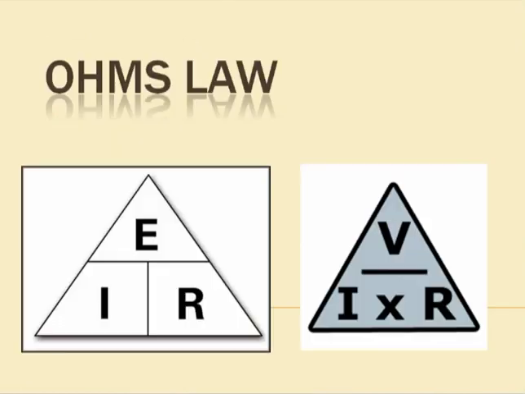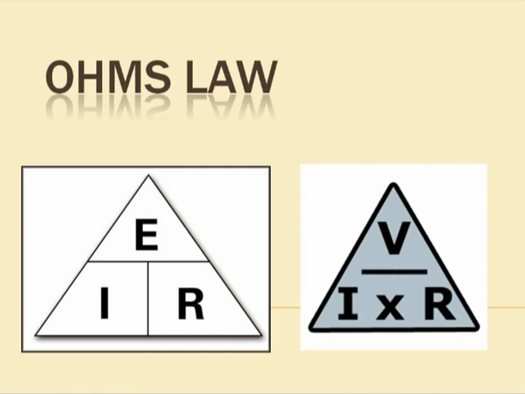So now we can portray Ohm's law by using this triangle. In some literature, this triangle is also called the Ohm's triangle, or the magic triangle. Here we have the three quantities that Ohm's law relates: the voltage, current and resistance.